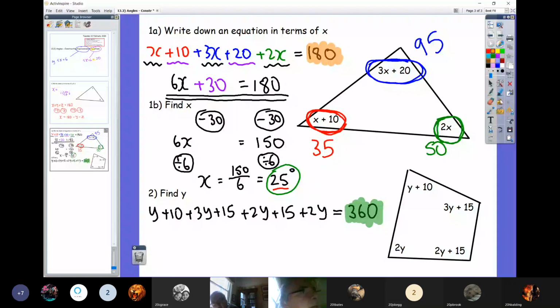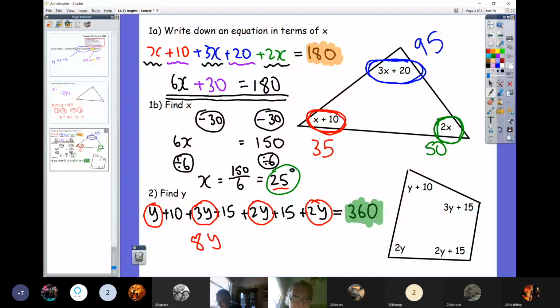They've asked us to find out what y is. So we've now got to use our algebra skills. Gather up all the y's. Well, we've got 1 y there, plus another 3, that's 4, 5, 6, 7, 8. I've got 8 lots of y. Again, we've got a lag, I'm afraid. But when we add up all of those y's, I get 8 lots of y. I can then add up my normal numbers.